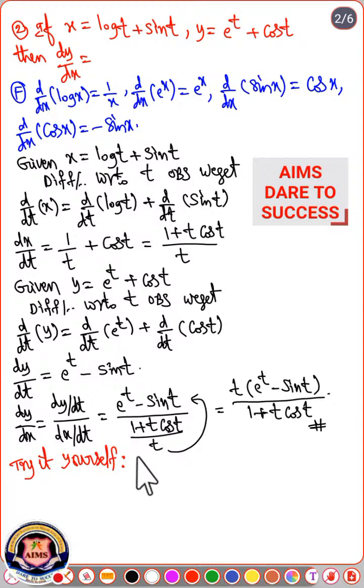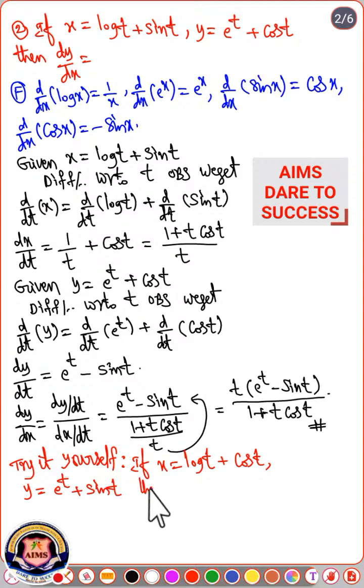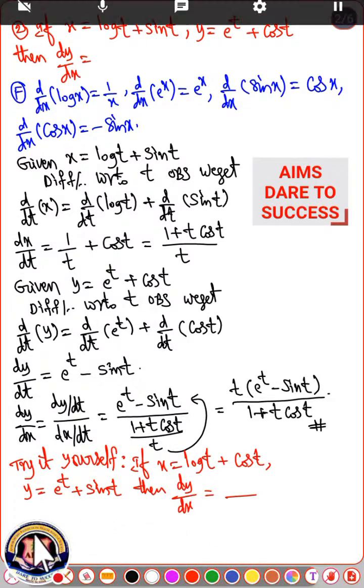Now I am giving you, if x equal to log t plus cos t and y is equal to e power t plus sin t, then the value of dy by dx. After getting the answer for dy by dx value, try to send your answer in the comment box.